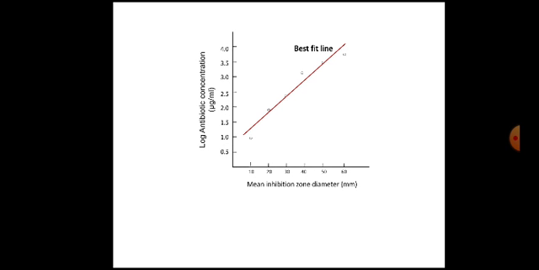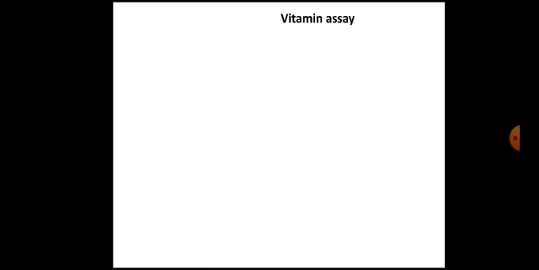Likewise, the growth stimulatory substances, for example, vitamins. So vitamins which stimulate the growth of an indicator organism, their concentration can be determined by using this diffusion assay.